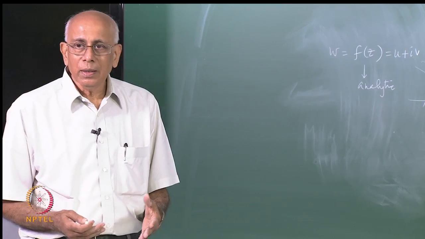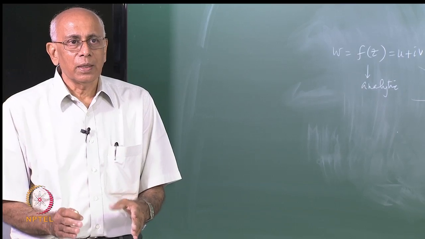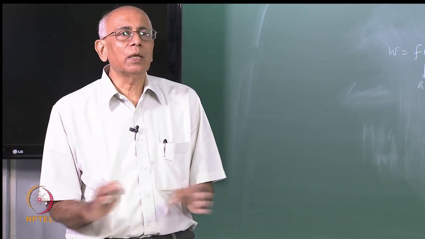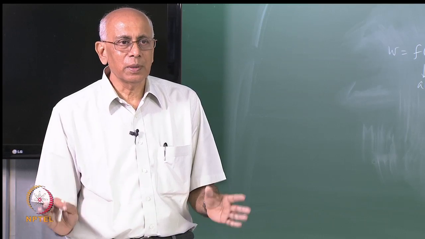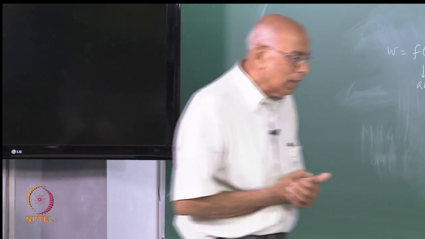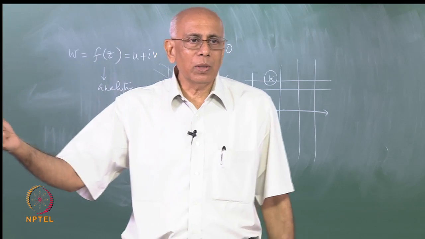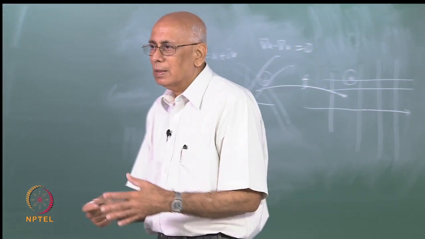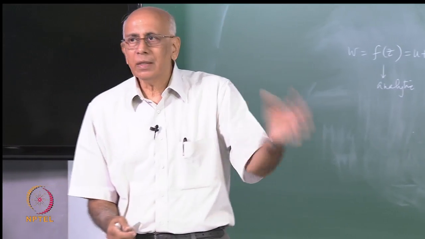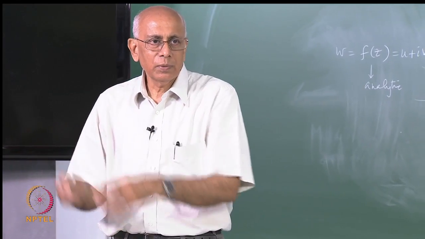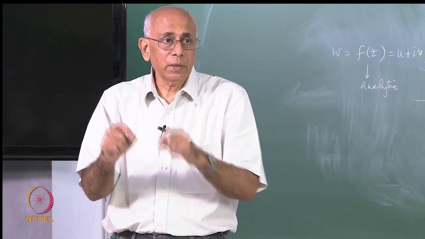So this question has a trivial answer. If I say in the z plane, what is the most general one-to-one map? It is a trivial thing. The reason is that the point z equal to infinity is mapped to the point w equal to infinity. If I say w is az plus b, if z is infinite, w is also infinite. So you have kept that as a fixed point.